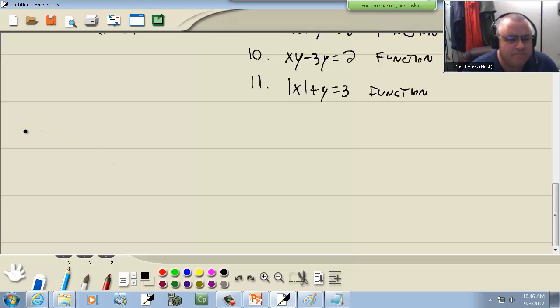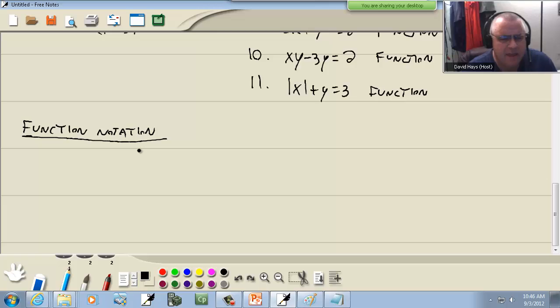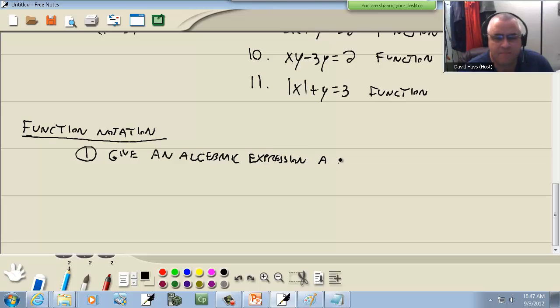Now we have something called function notation. And it has two purposes. One is to give an algebraic expression a name. I always give this example in class.